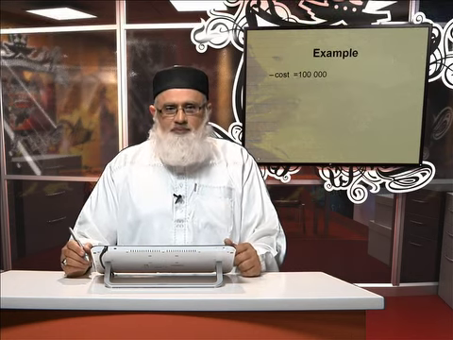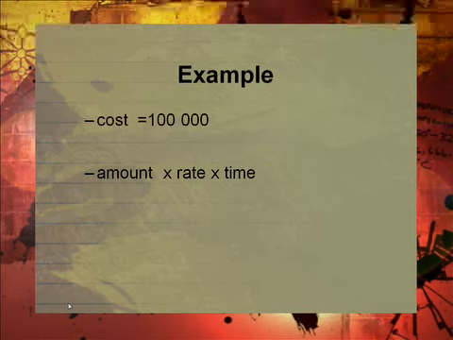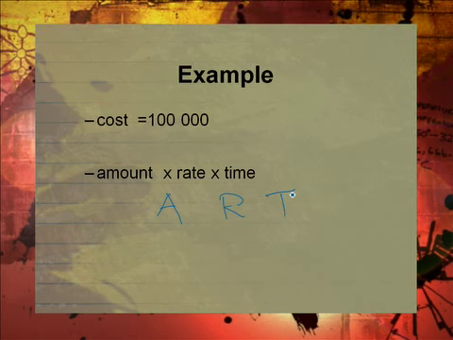Let us take an example. You are given a cost of 100,000 Rand. Secondly, you work with amount, rate and time. Yes, ART. What do we mean by this? Does this mean that you are expected to draw your accounting teacher?